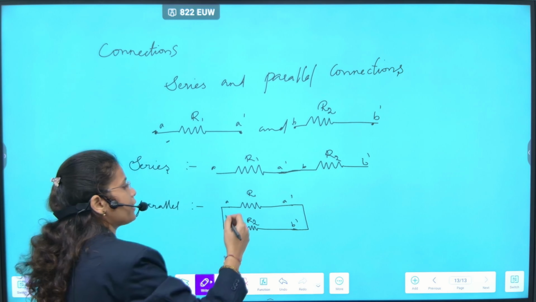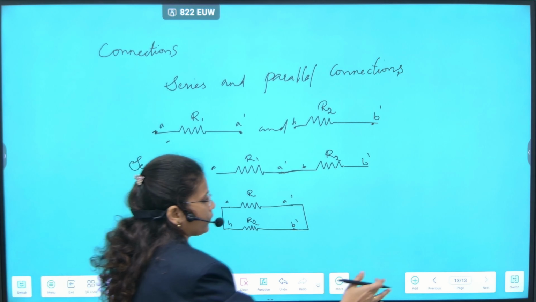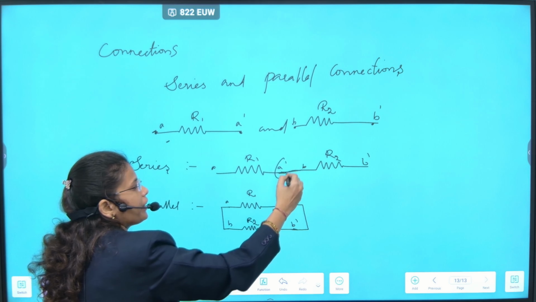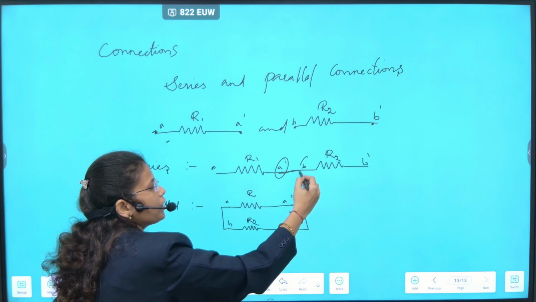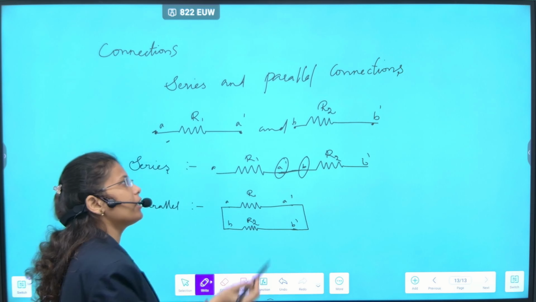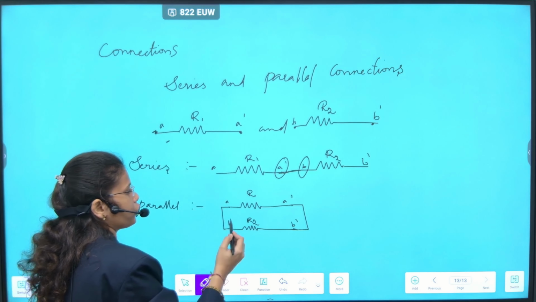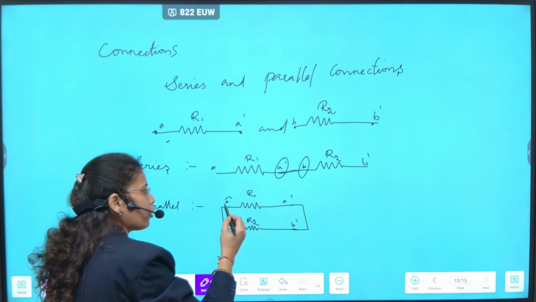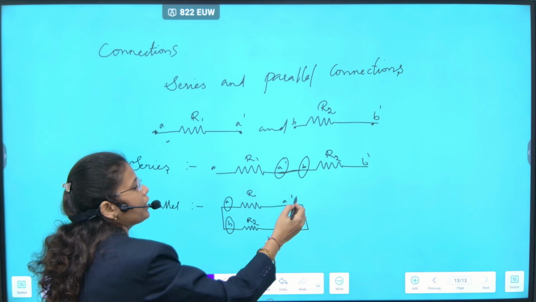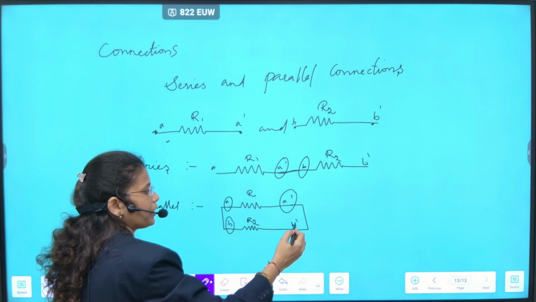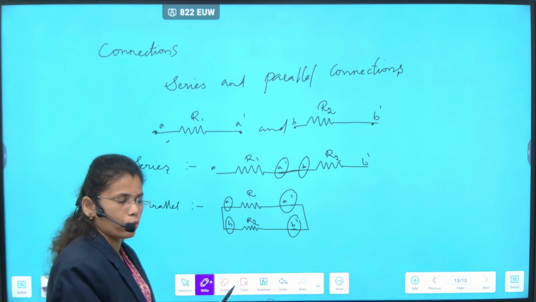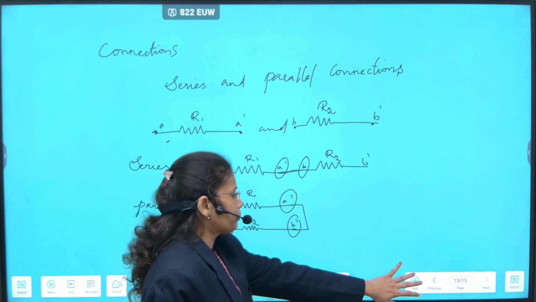That connection is known as parallel connection. Series connection means the ending end of the first element and the starting terminal of the second element are connected together.